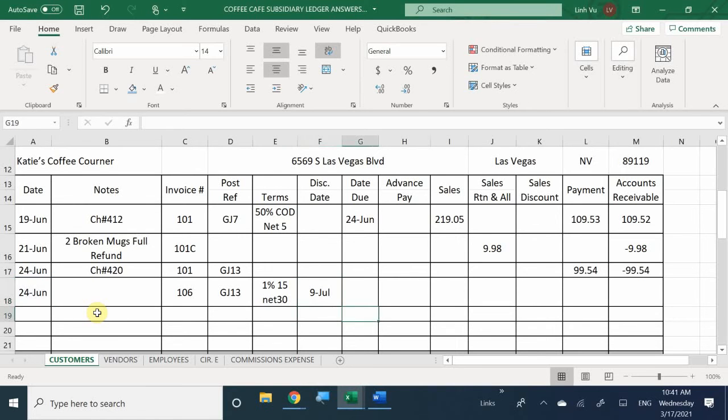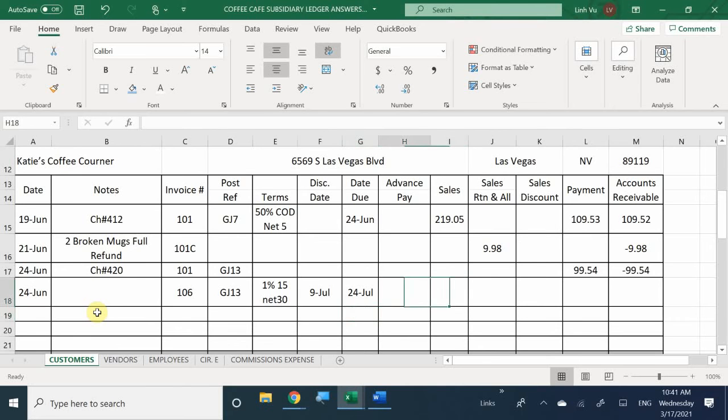July 9. I put the 10th, so 9. That's okay. And then when is the actual bill due? July 24th. Good.